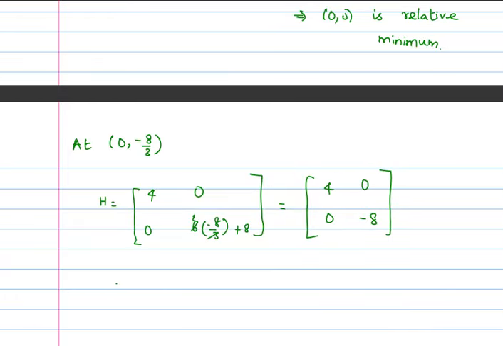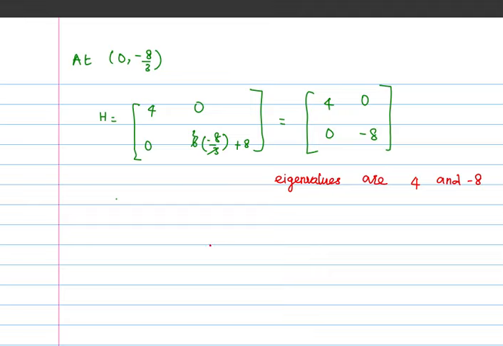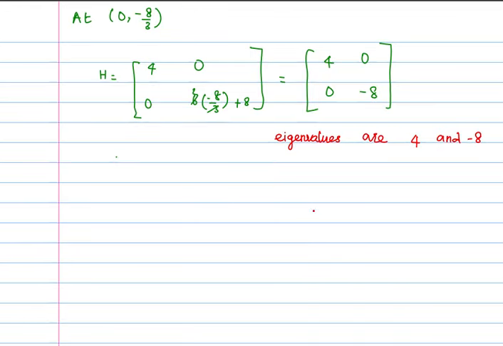This is again a diagonal matrix, so the eigenvalues are 4 and -8. The given Hessian matrix is indefinite because one eigenvalue is positive and one is negative.